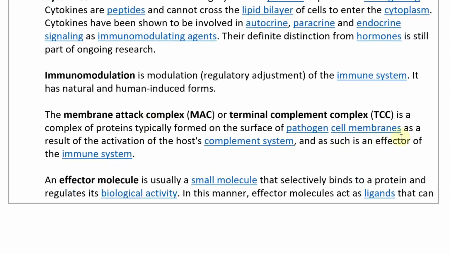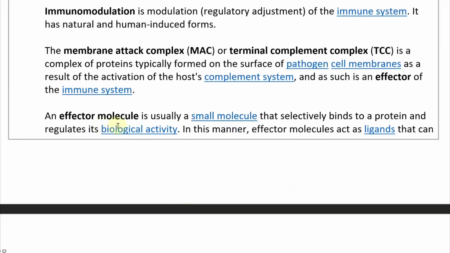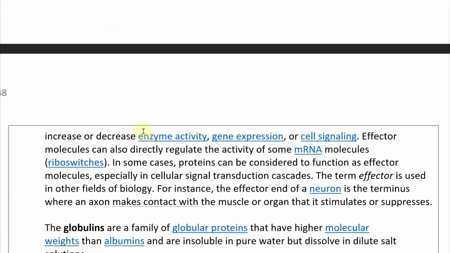And here is added a note on this word effector. So an effector molecule is usually a small molecule that selectively binds to a protein and regulates its biological activity. In this manner, effector molecules act as ligands that can increase or decrease enzyme activity, gene expression, or cell signaling. Effector molecules can also directly regulate the activity of some mRNA molecules.